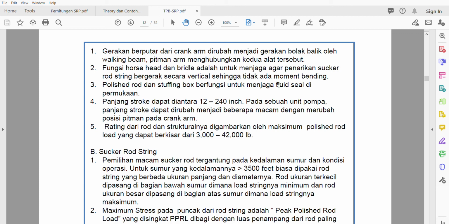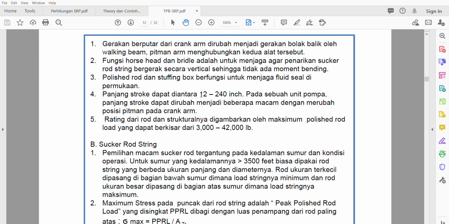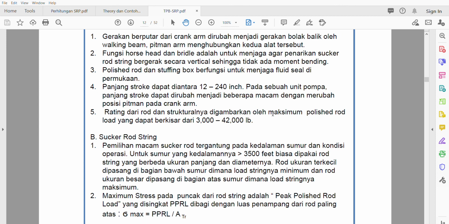Please read everything here. The length of the stroke is between 12 and 240 inches. The polish rod and stuffing box let the liquid go to the surface. The rating is between 3,000 and 42,000 pound force of the structure.